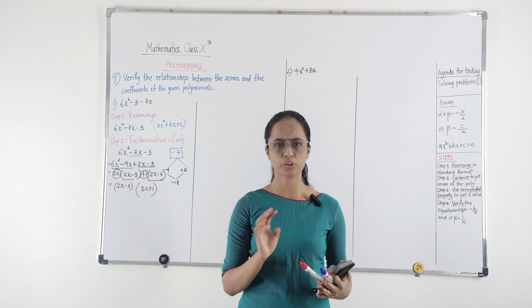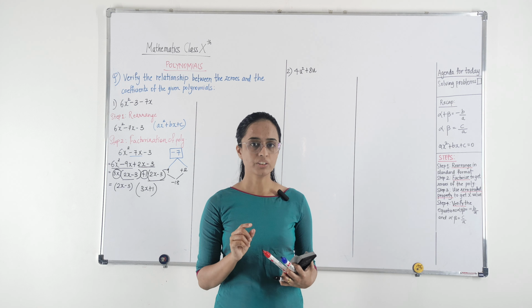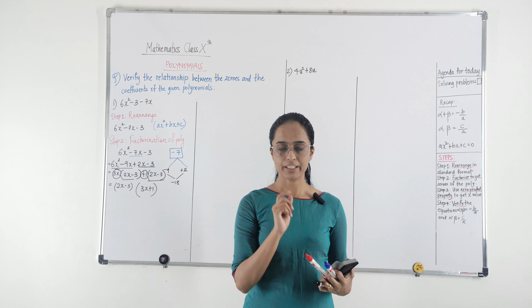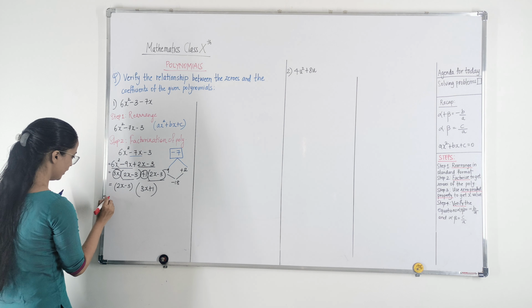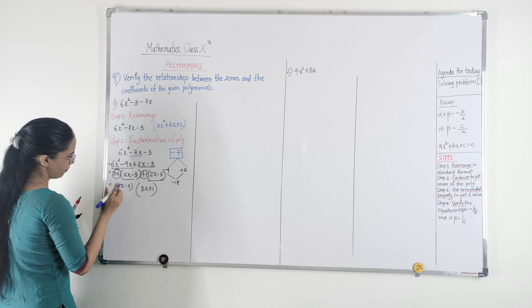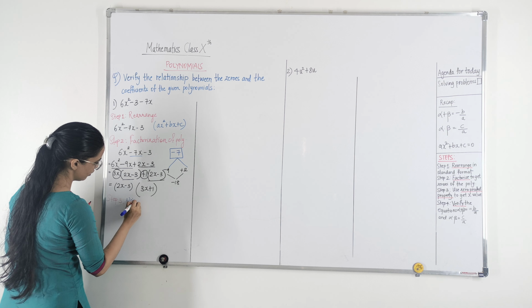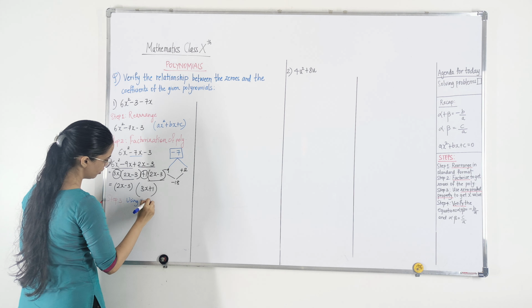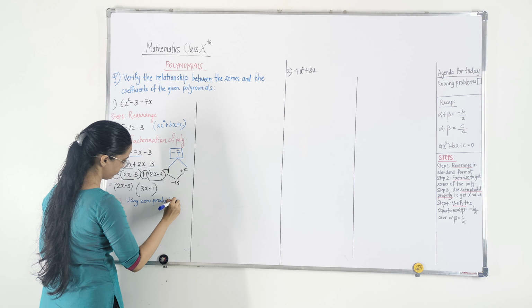You're not supposed to mention it in the exam, but you need to know the general terminology this property is known as. So step number 3 is using zero product property.